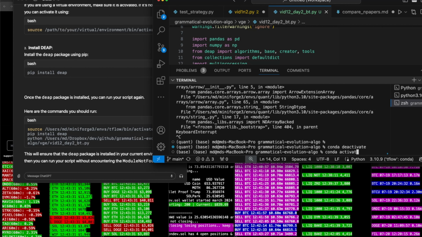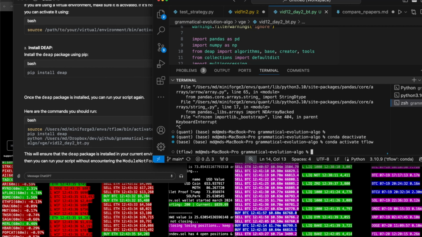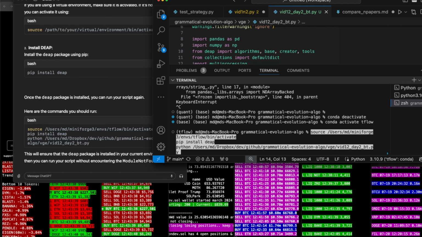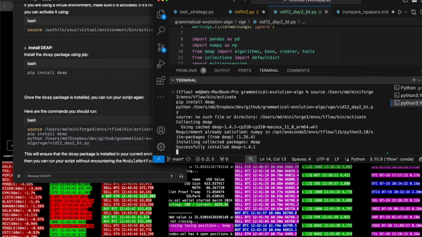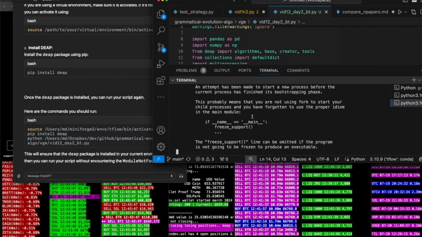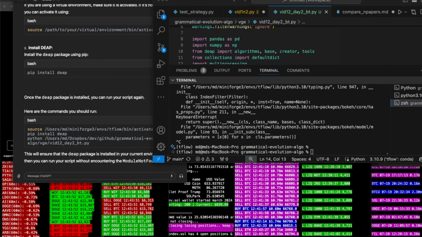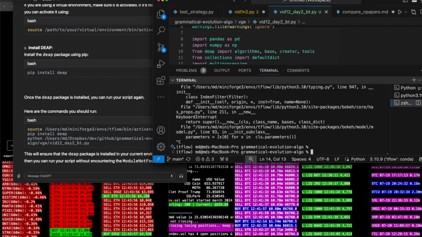Conda activate t-flow. Pip install. Come on. All right, I guess I don't know how to do this anymore, because I thought I had the deep library in here and we were running it just the other day. But maybe I'm tripping.